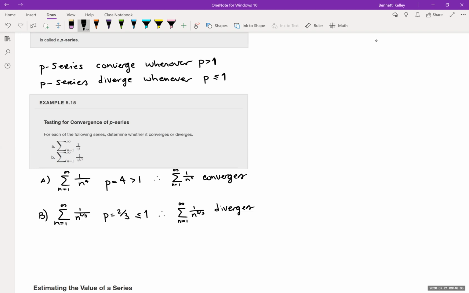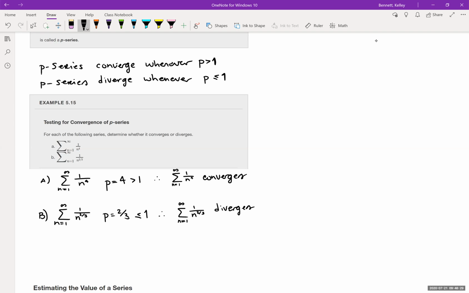And so lastly, what we want to do is estimate the value of a series, or at least say how good of an estimation we're getting. Because it would take a very long time and we'd all be dead if we had to sit around and count up all the terms for an infinite series.